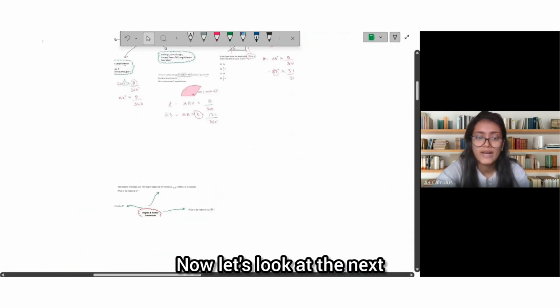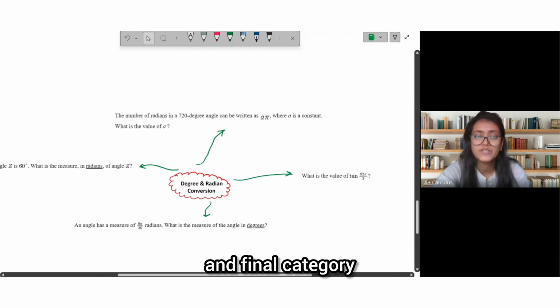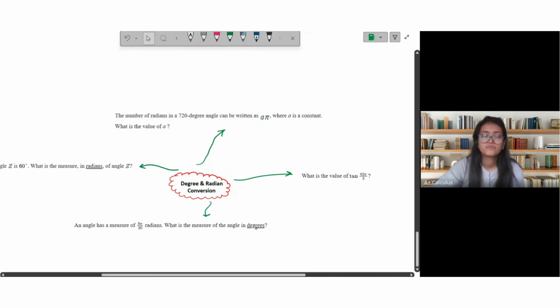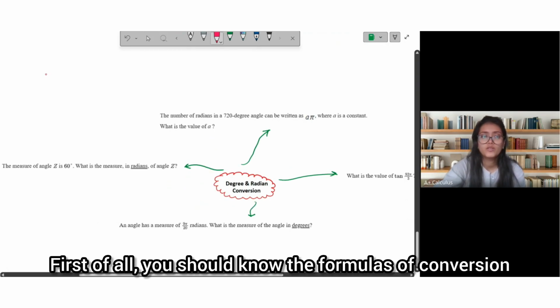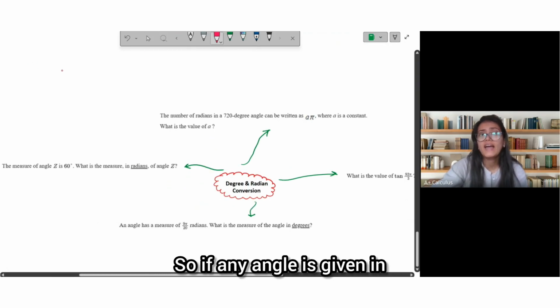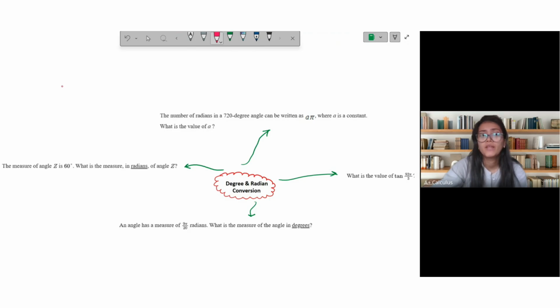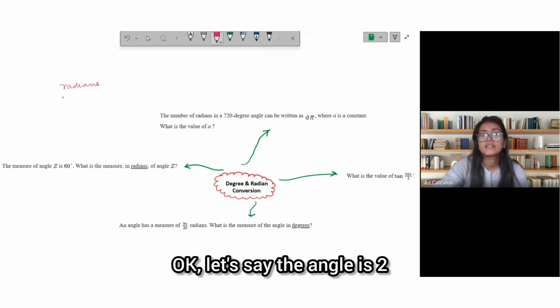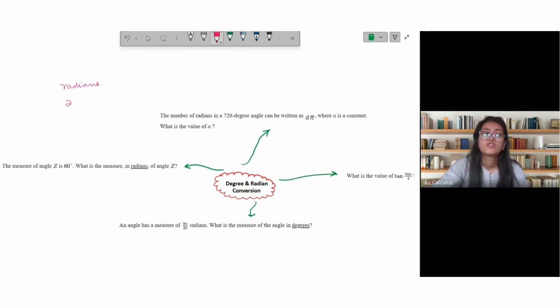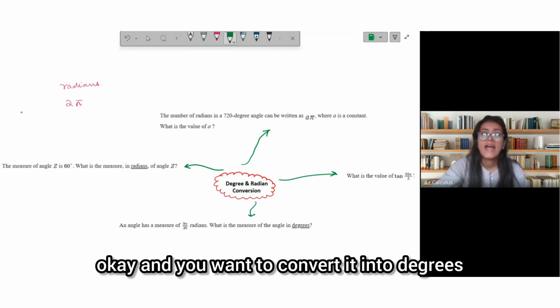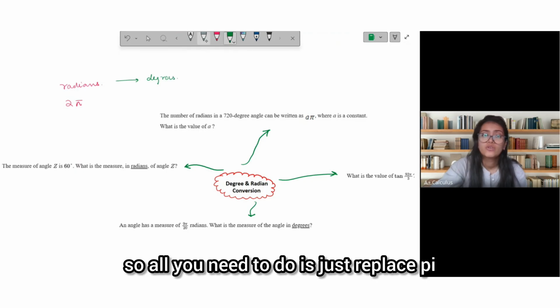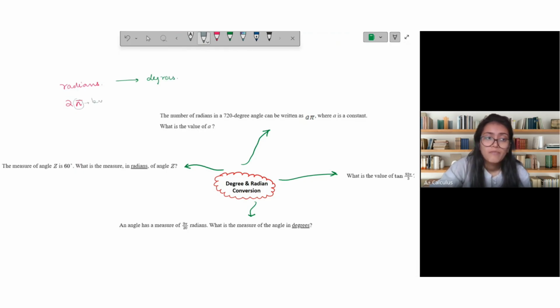Now let's look at the next and final category, degree and radian conversion. First of all, you should know the formulas of conversion. If an angle is given in radians, let's say the angle is 2 pi, and you want to convert it into degrees, all you need to do is replace pi by 180 degrees.